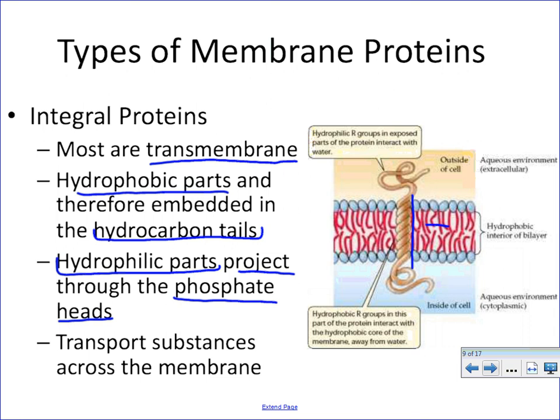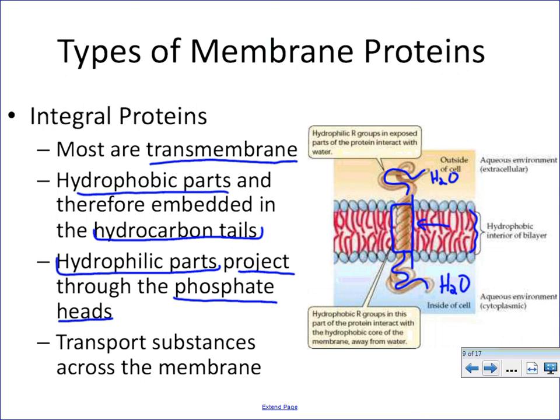In the following diagram, we have an example of an integral protein. There is a portion of that protein that is embedded in the hydrophobic core, and then there is a portion that extends outside or beyond the cell membrane, which can interact with the aqueous environment. And then there is a portion that extends to the inside of the cell, which can also interact with the aqueous environment within the cytoplasm.